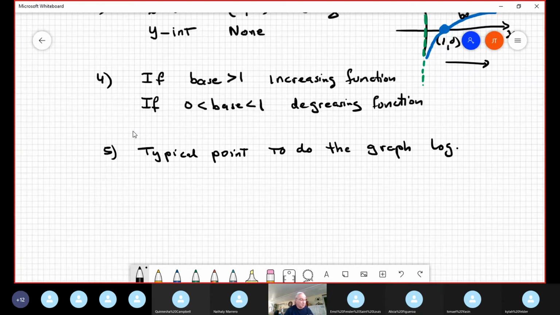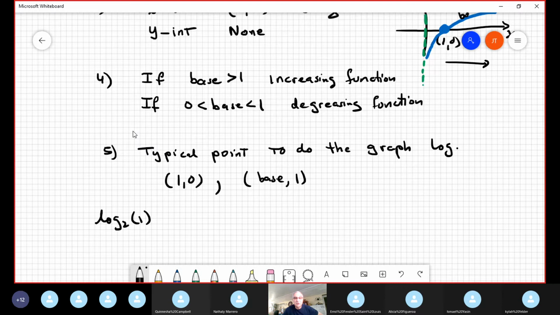The typical points are, first, the universal classic (1,0). Another is (base, 1). Suppose we are doing the graph of the logarithm of base 2, then it's mandatory that the point (2,1) belongs to the graph.